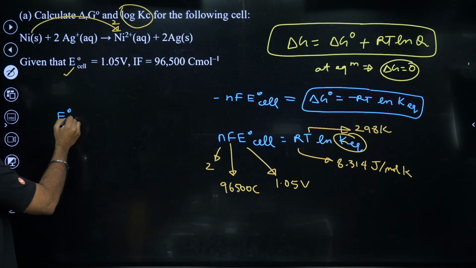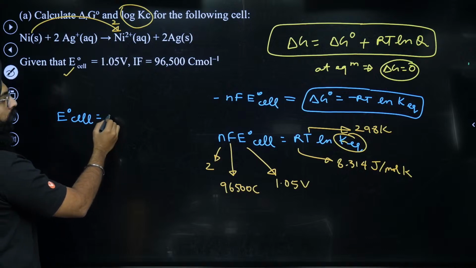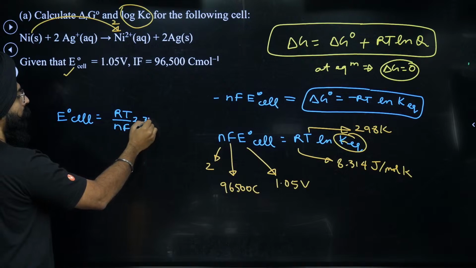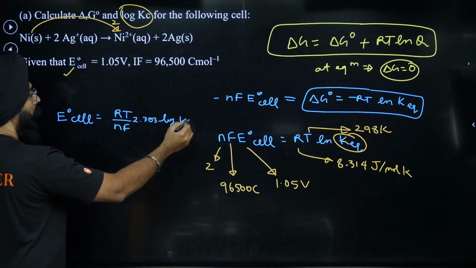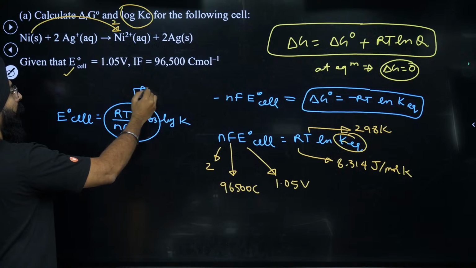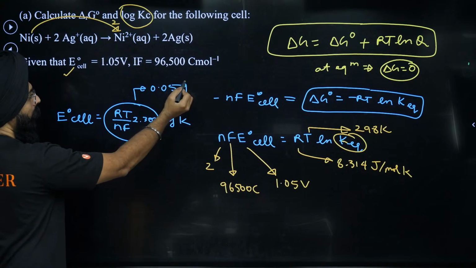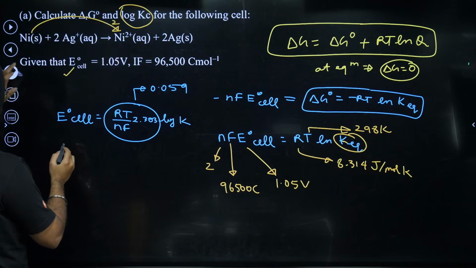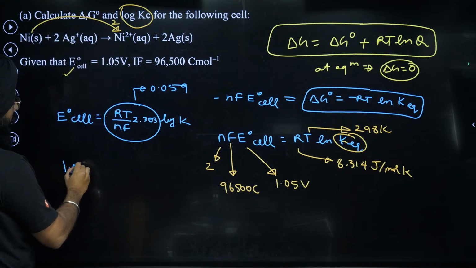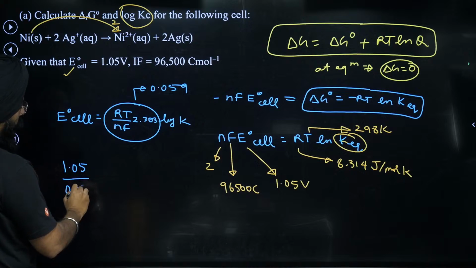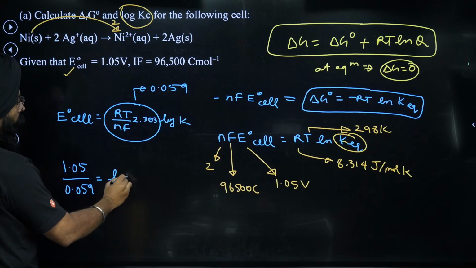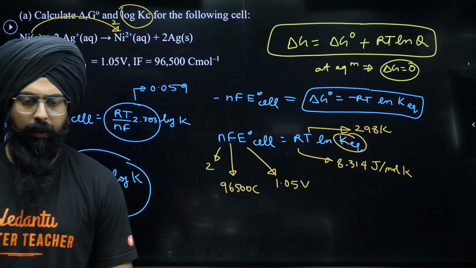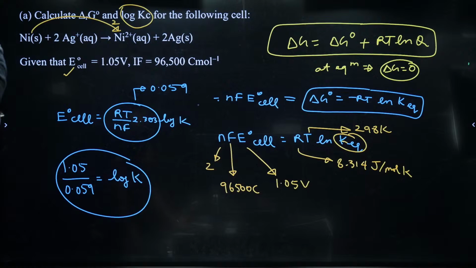We will write E naught cell is equal to RT by NF into 2.303 log of K. So this entire value we already know is 0.059. So we can write 1.05 by 0.059 is equal to log of K. Yeah, this is coming out as log of K.